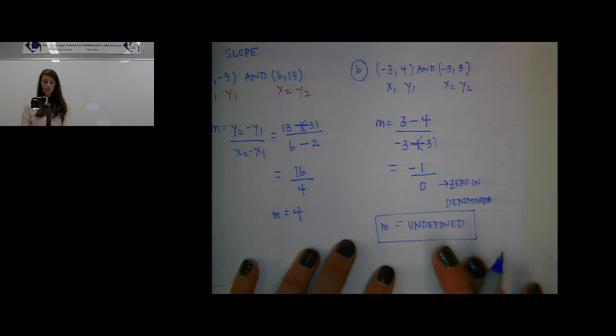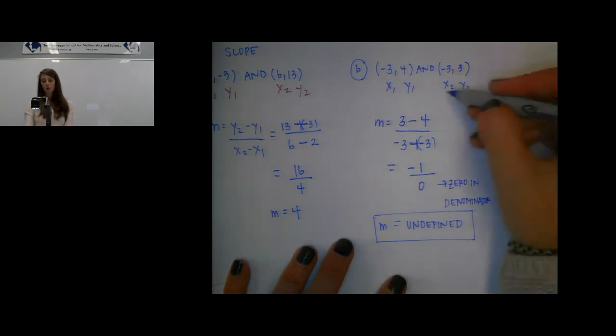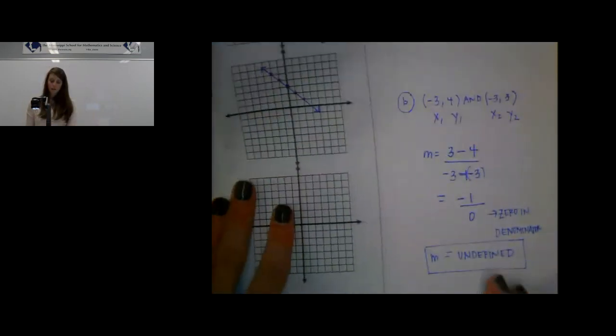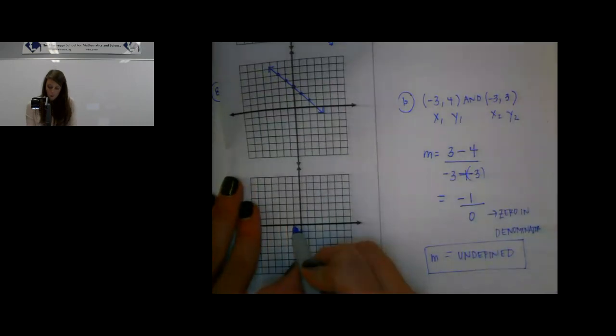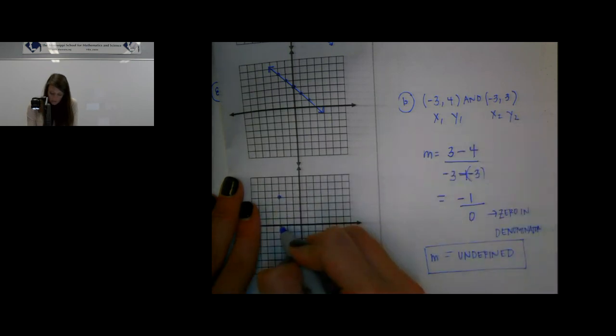So what type of line is this for an undefined slope? A vertical line. Okay, so if you were to plot these 2 points, let's do that just so that you can kind of see. If I was to plot these 2 points, it would be (-3, 4). So 1, 2, 3, up, 1, 2, 3, 4. And (-3, 3), 1, 2, 3.